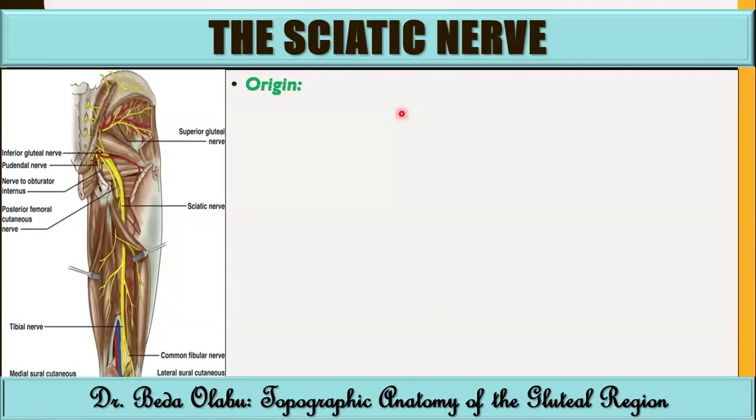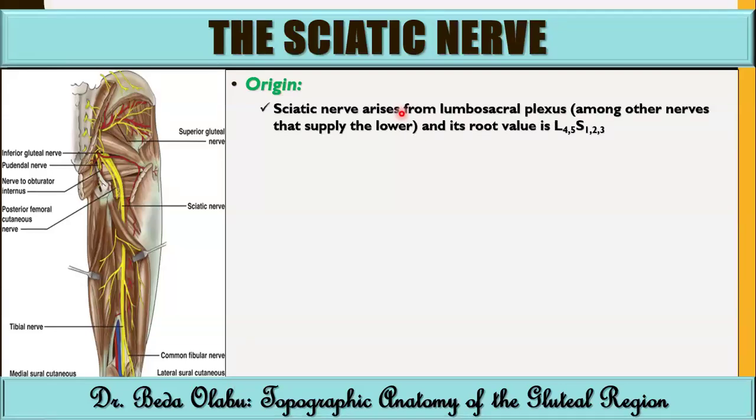Let's begin with the origin of the sciatic nerve. The sciatic nerve arises from the lumbosacral plexus, among other nerves that also supply the lower limb that arise from the lumbosacral plexus. The root value of the sciatic nerve is L4, L5, S1, S2, S3.